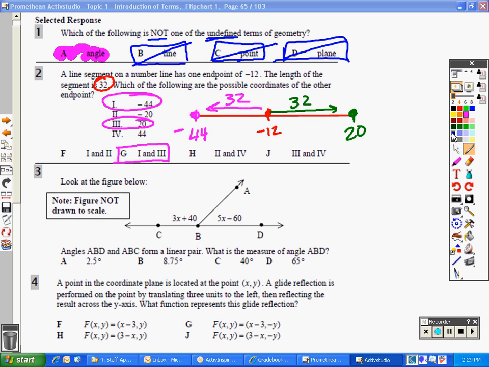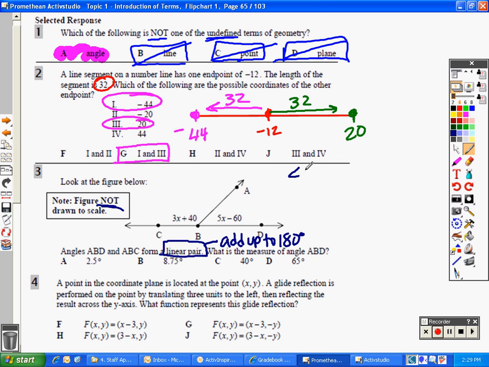All right, next problem. Look at the figure below. It's not drawn to scale, that's important. Angles ABD and ABC form a linear pair. This is how we're going to test your vocabulary. Linear pair means add up to 180 degrees. So these two angles, angle ABD plus angle ABC, add up to 180 degrees.